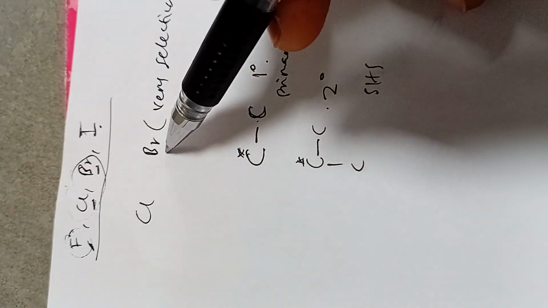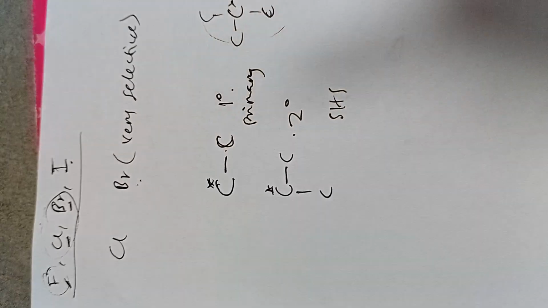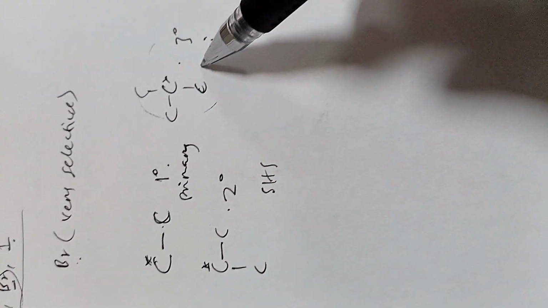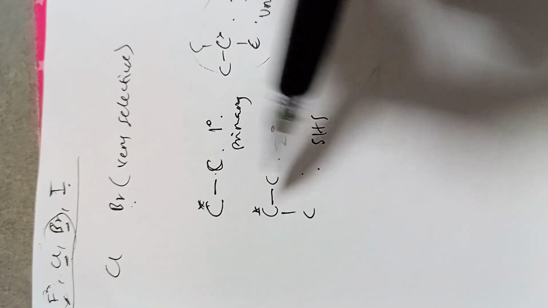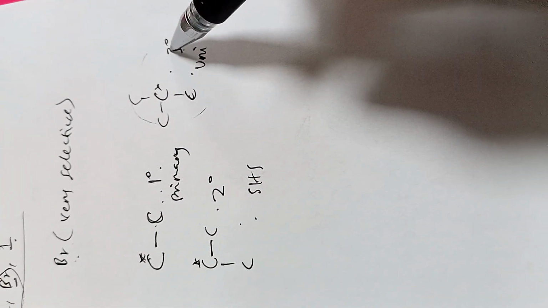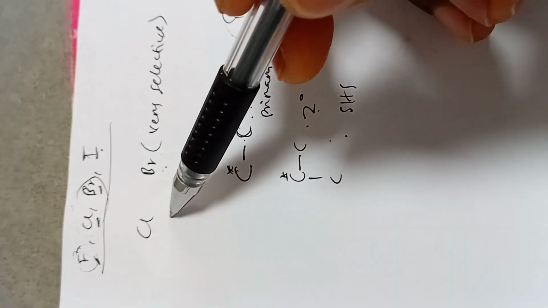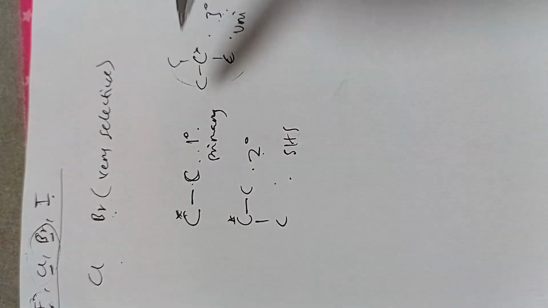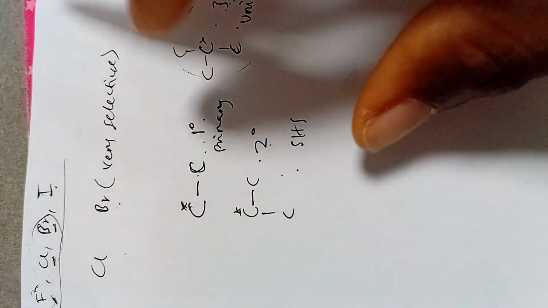Now, since bromine is more selective, if bromine is going anywhere, bromine will be looking for somebody who is what? Tertiary. If you have only secondary and primary, bromine will go to the secondary. If you have primary and tertiary, bromine will go to the tertiary. If you have secondary and tertiary, bromine will go to tertiary. But for chlorine, it can go anywhere at all. Chlorine will go for all of them. Just take note of that.